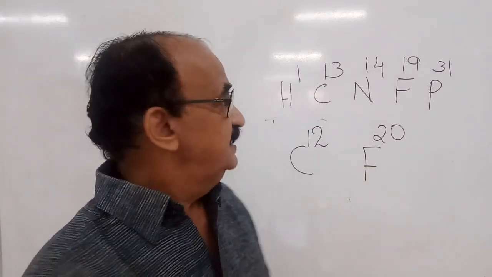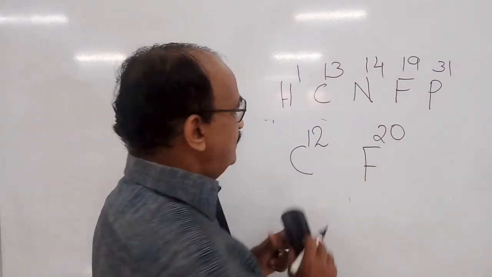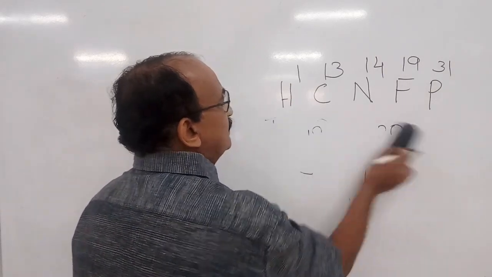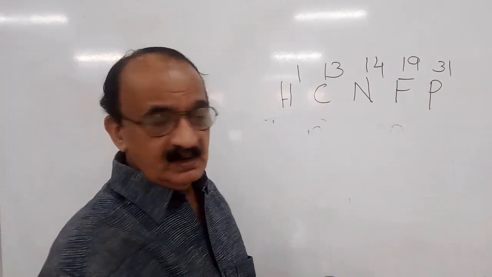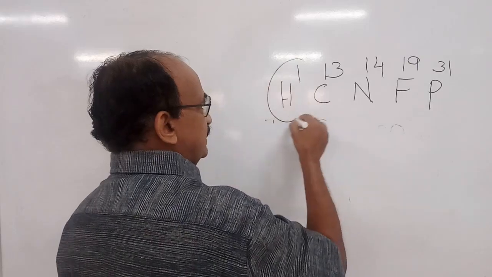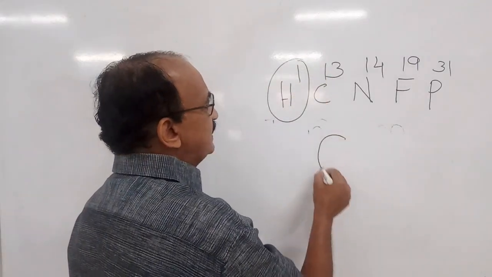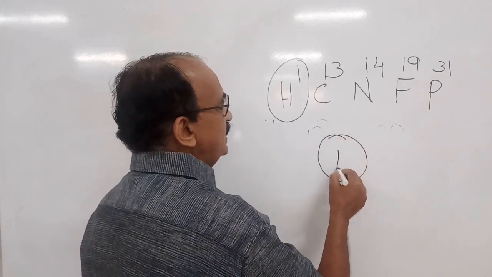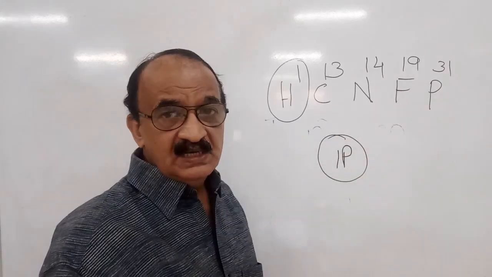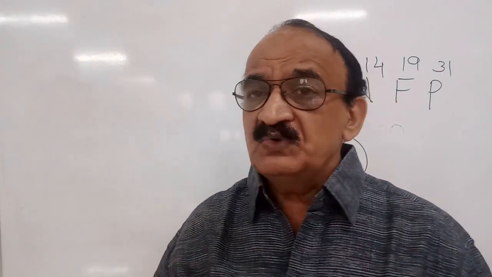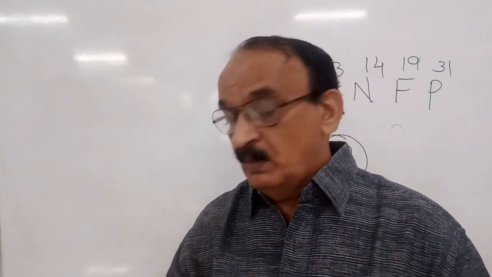Just remember that. Among the NMR active nuclei, the most prominent member is hydrogen, the H1 isotope. The nucleus of this hydrogen contains only one proton. Remember that. And it has the highest value of magnetic moment.